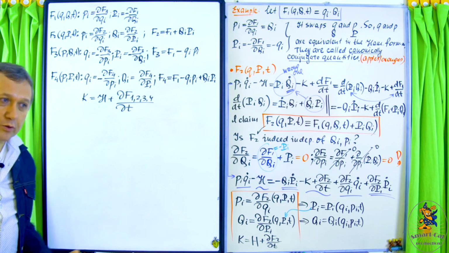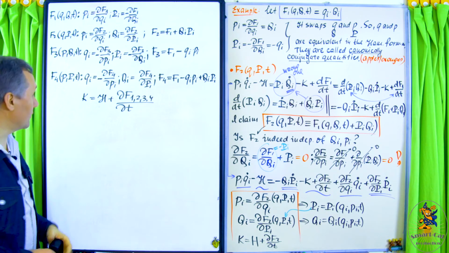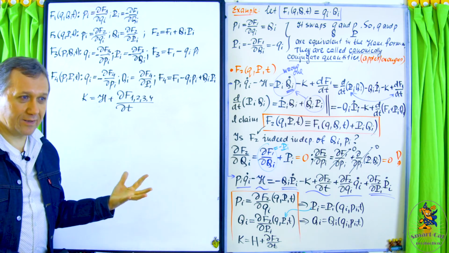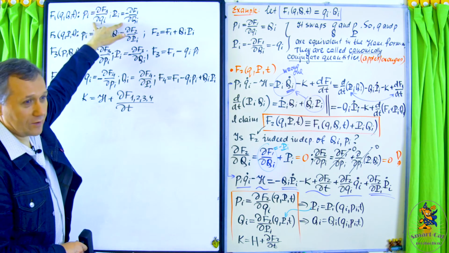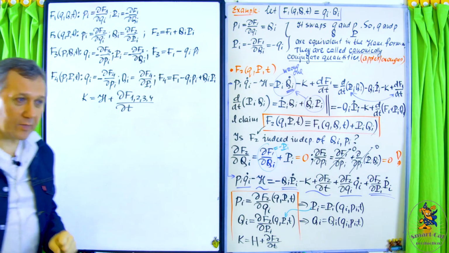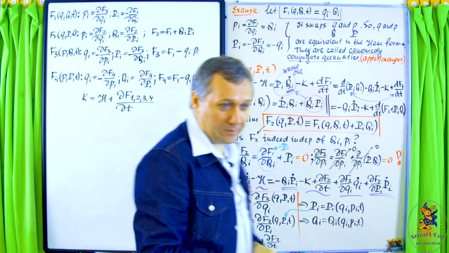You're not going to see explicit time dependence. We will use that from time to time. And of course, the reverse is correct. If your transformation equations do not have explicit time dependence, your generating function must also be free from time.